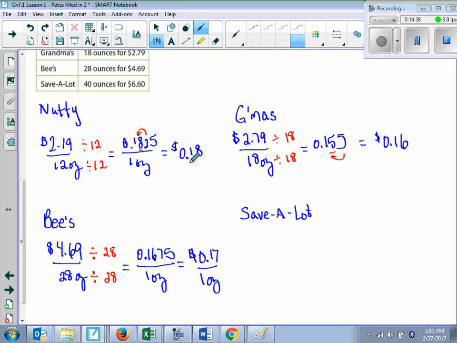Okay, I just noticed something up here. What did I forget to do up there? Per ounce. Very good. Make sure you write over 1 ounce. Good job. All right, so for Save-A-Lot, now that's $6.60 for 40 ounces.